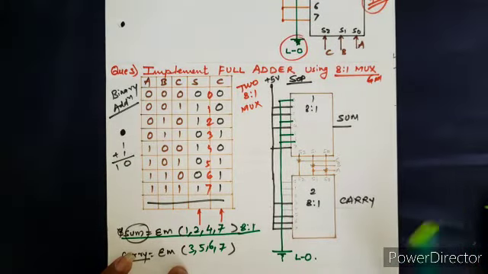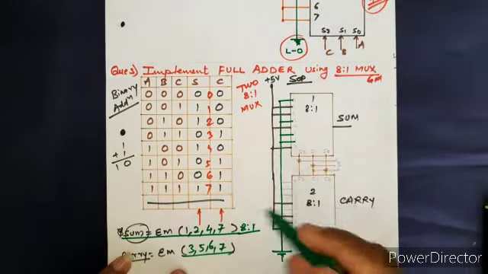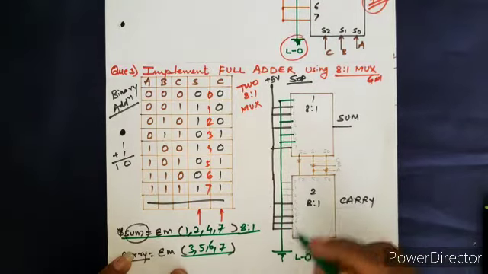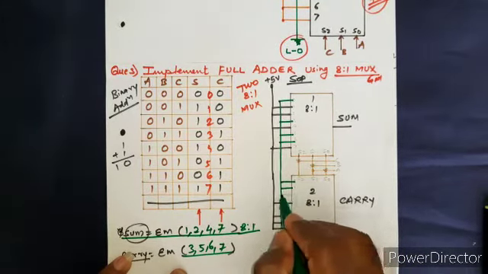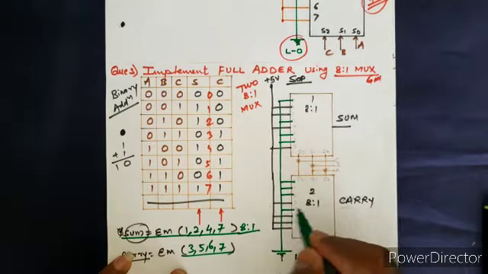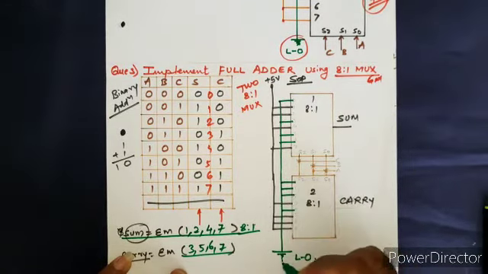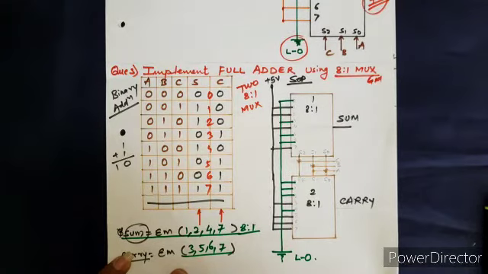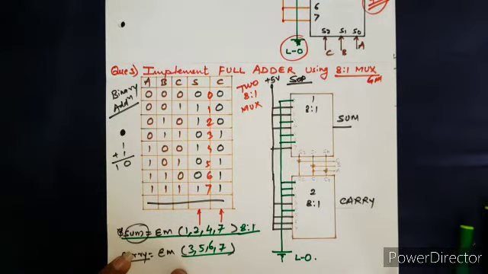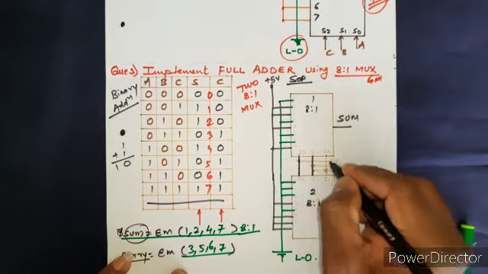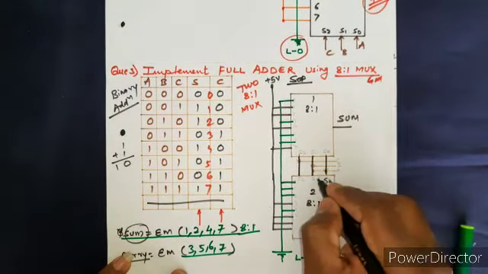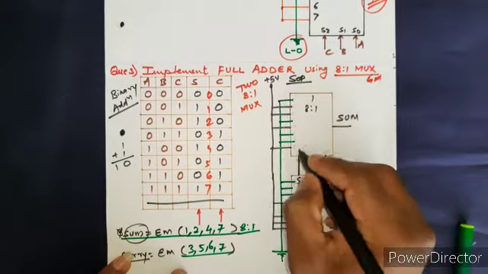And all other inputs of the carry column, which are 0, 1, 2, 4, are connected to logic 0. And here you can see we have S0, S1, S2.